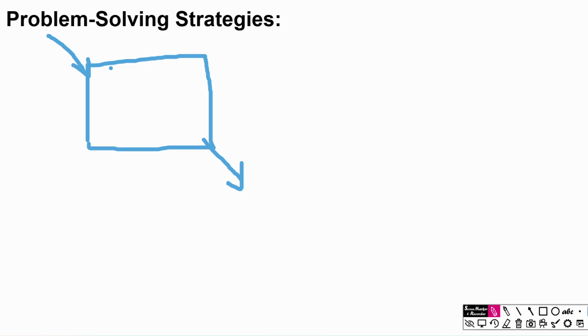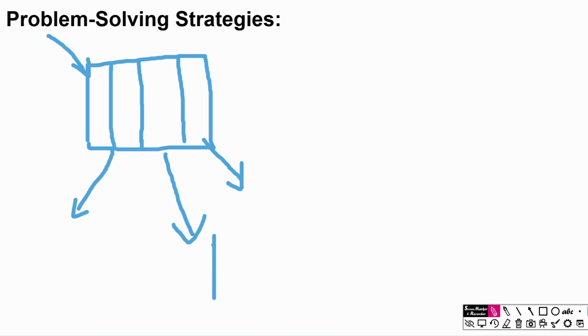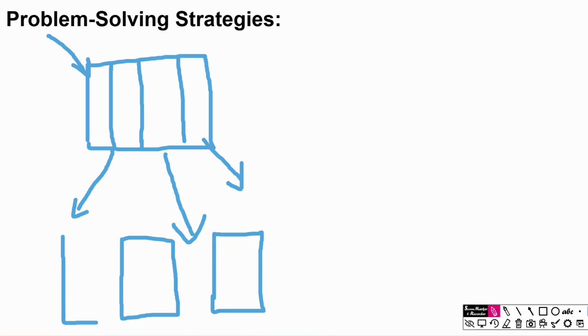This complex problem is divided into some convenient small programs or problems. Each small problem is solved individually, and this is another small problem, and this is another small problem.